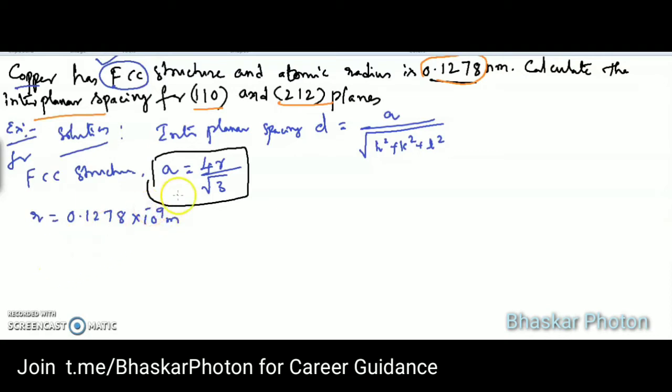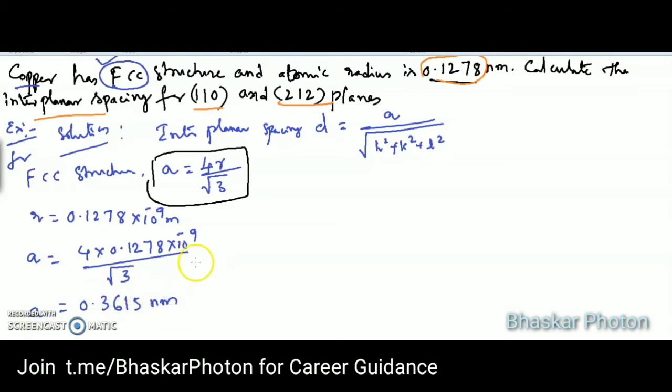Now from this, for copper, the A value becomes 4 into 0.1278 into 10 power minus 9 divided by root 3. Now if you do simplification, this A value becomes 0.3615 nanometers.